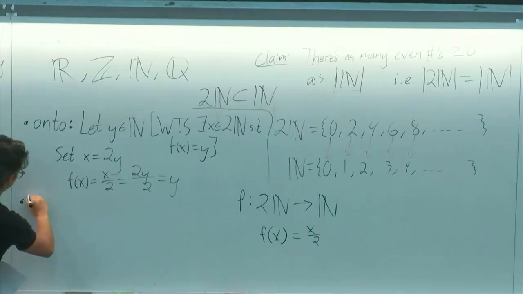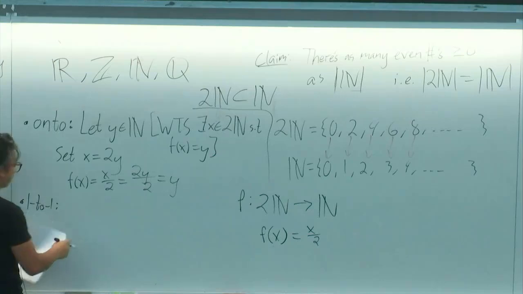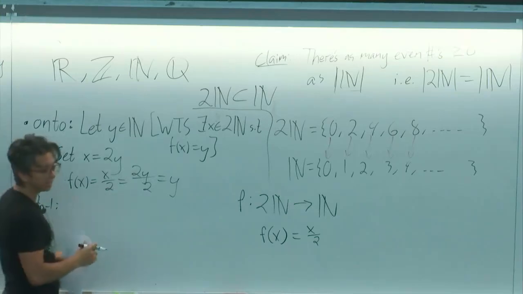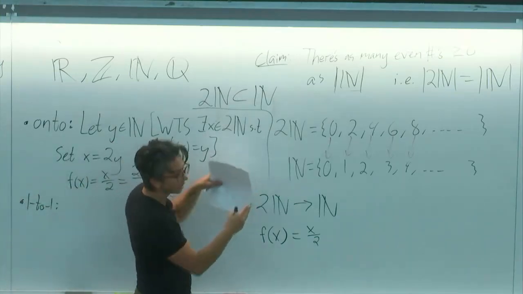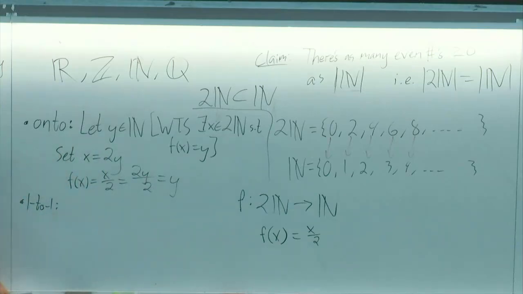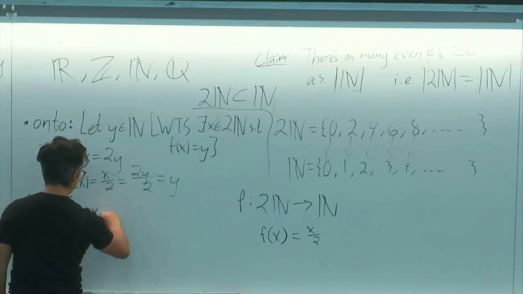And we're going to show one-to-one as well. One-to-one, again, is the proof of uniqueness, that there are no two things that map to the same thing. The way we always prove uniqueness, and we've seen this a few times now, is to assume there are two things, x and x prime.